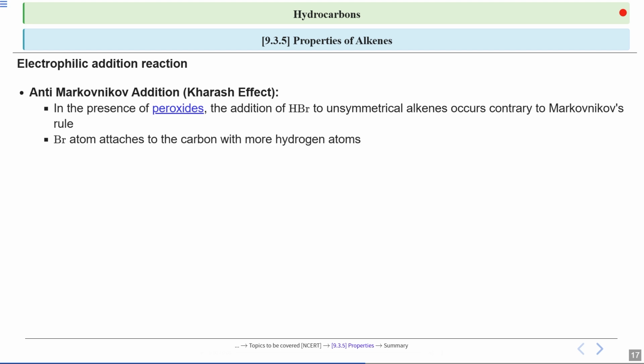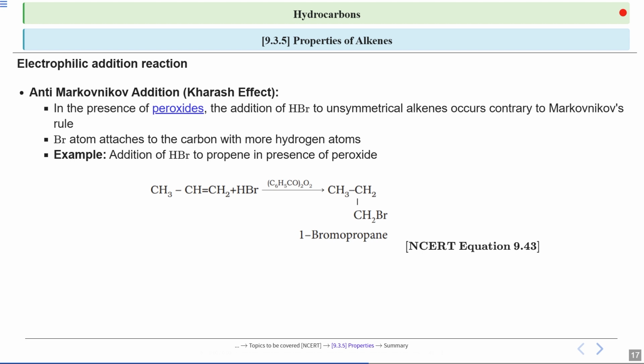Now, the bromine atom attaches to the carbon with more hydrogen atoms. This is just the opposite of the previous case, because there the bromide ion was getting attached to the carbon which has lesser number of hydrogen. Here it is getting attached to the carbon which has more number of hydrogen. Therefore, we call it anti-Markovnikov's addition because it is the opposite of the Markovnikov's addition.